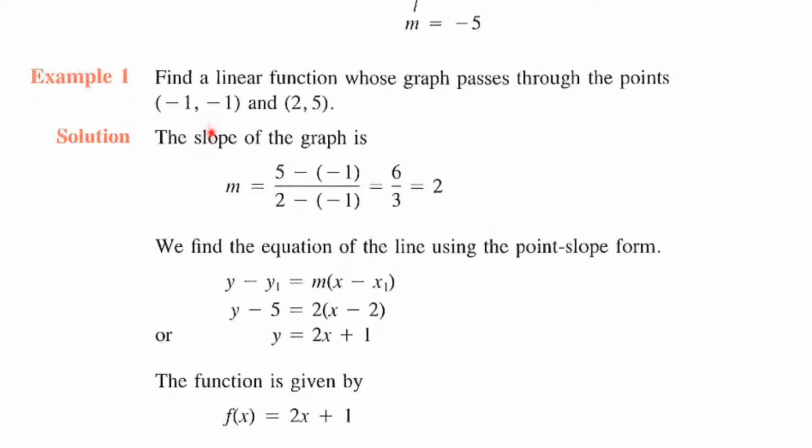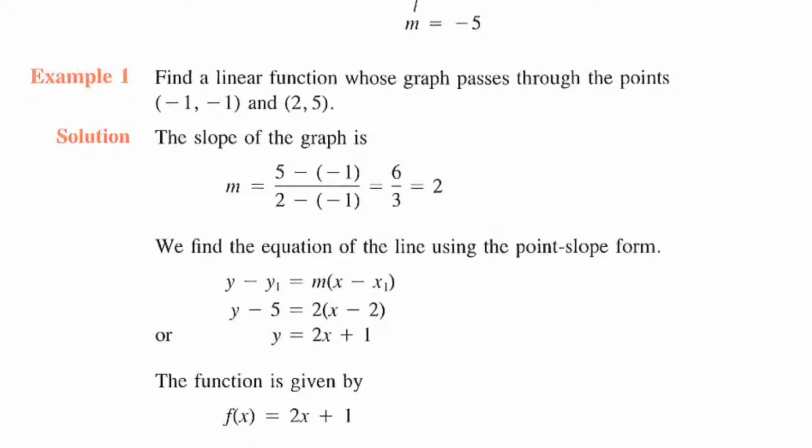Example 1, find a linear function whose graph passes through the points (-1, -1) and (2, 5). The slope of the line is delta y divided by delta x, which is 5 minus -1 divided by 2 minus -1, it is 2.